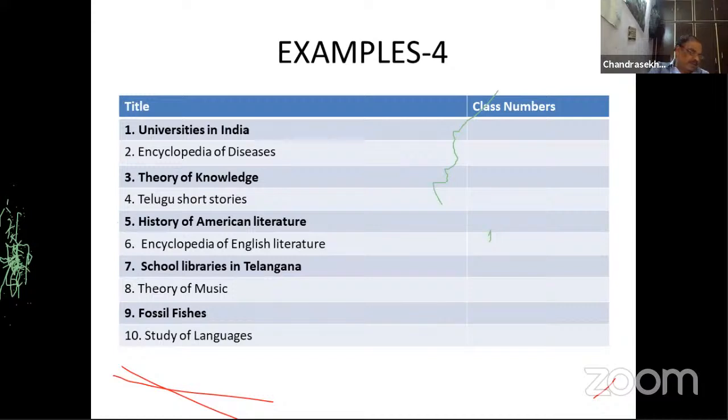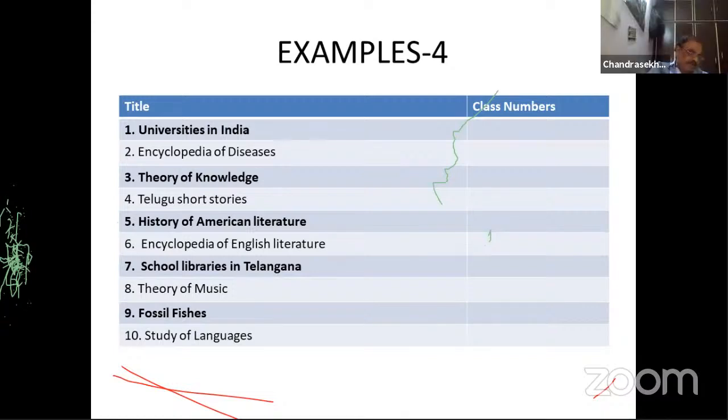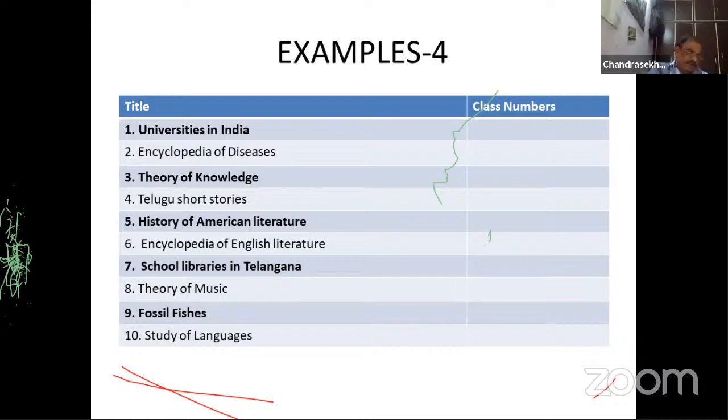I think there is a direct number. 810 American poetry in English, 812 American drama in English, 813 American fiction in English, 814 American essays in English, 815 American speeches, 816 American letters, 817 American humor and satire, 818 American miscellaneous writings, 819 American literatures in English, not requiring comprehension, that is in brackets.